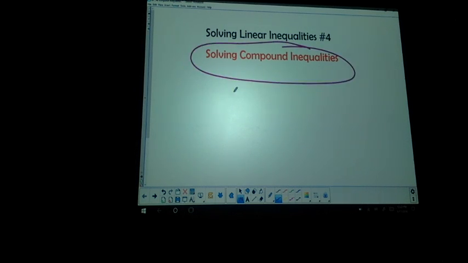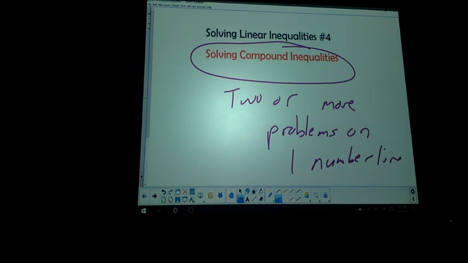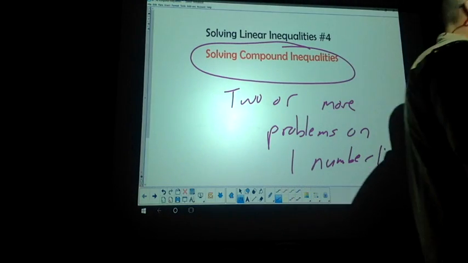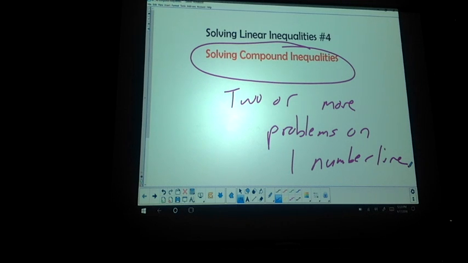This is two or more problems on one number line. Does that make sense? So it just means we're trying to put multiple things on one graph. Seem okay so far? All right. May I move on?